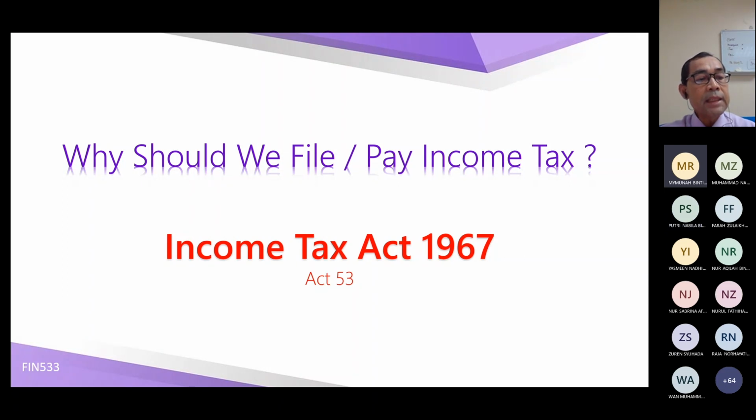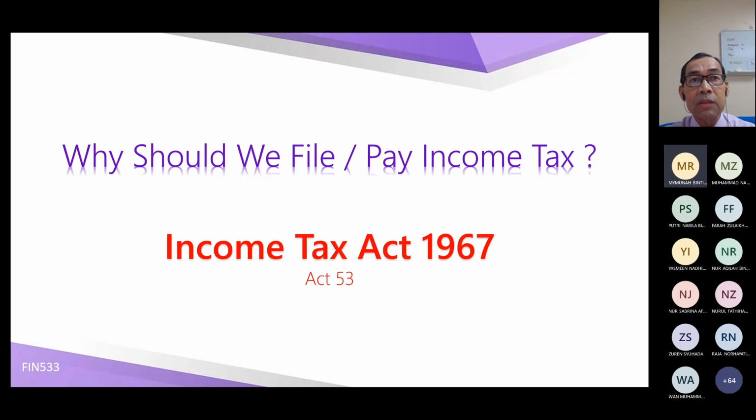So one day the LHDN found out and you will be fined. Dan adalah pengiraan semula ke belakang-belakang tu, bukannya untuk tahun semasa saja, 3-4 tahun ke belakang. Okay, kirakan tahun ni kena tahun 2020, daripada tahun 2000 tak bayar ni, padahal during that time pun dia dah kena sebenarnya.